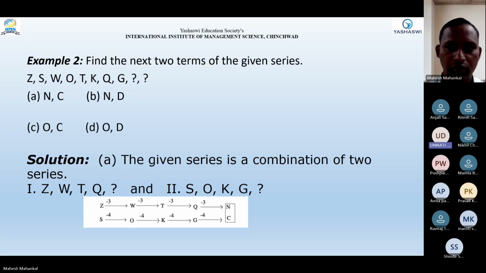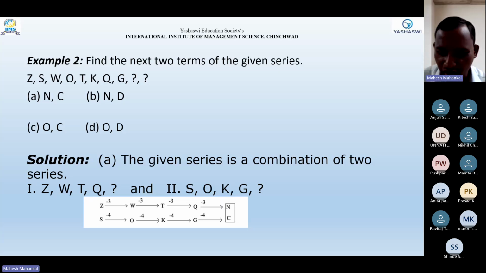Excuse me, sir. Yeah, tell me, beta. In the paper, if this type of question comes, how can we solve it quickly? How can we quickly identify what type of series is going on? Firstly, whenever you get rough paper, write A to Z alphabets on the paper.